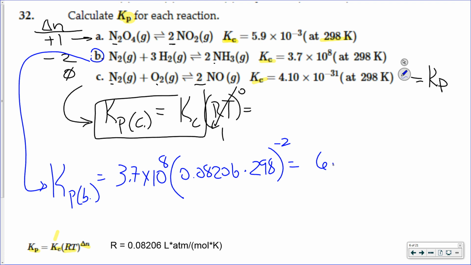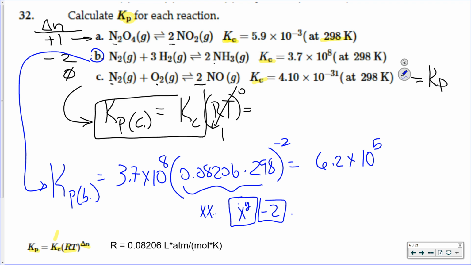And I got 6.2 times 10 to the 5th. So on my calculator, once I multiplied these two things together and got a number, whatever that number was, I hit the Y to the X button and put in -2.